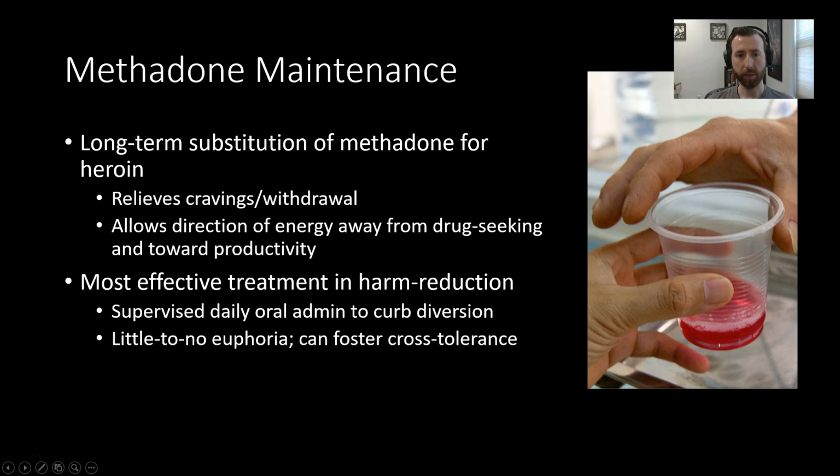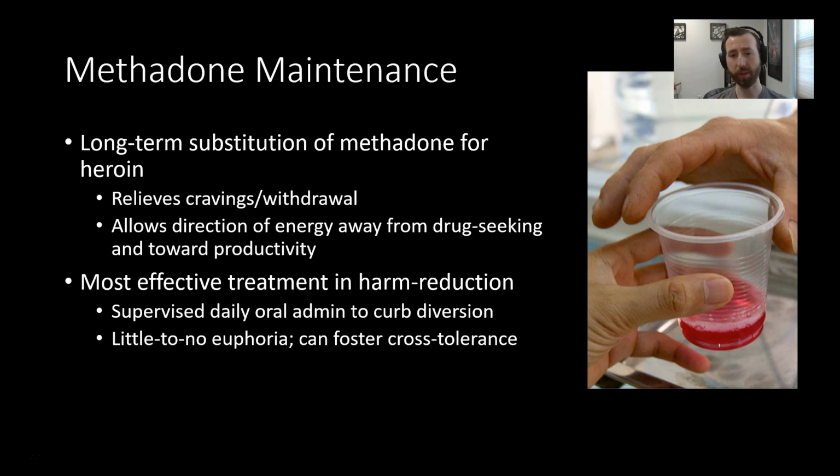So moving on to discussion of methadone maintenance. This approach is the long-term substitution of methadone for heroin or another abused opiate. This serves to reduce the cravings and withdrawal state associated with abstinence and allow the patient to live a more normal life.